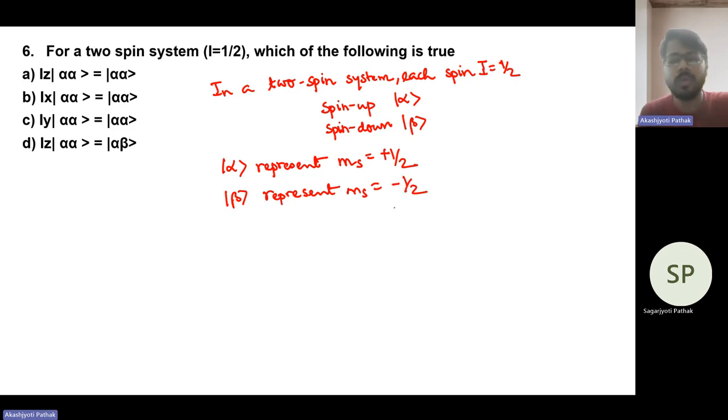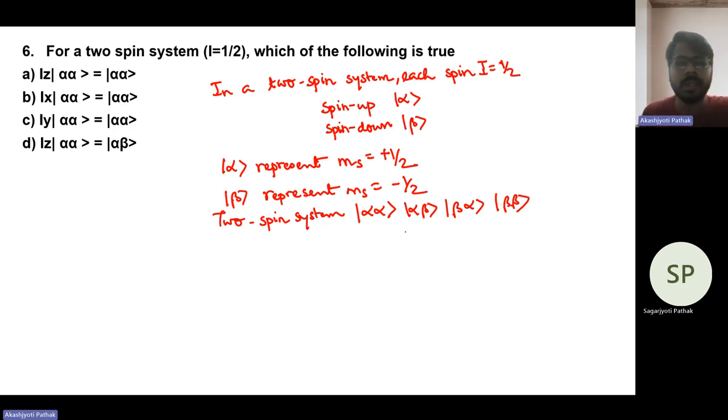So the two-spin states will be alpha alpha, alpha beta, beta alpha, and beta beta.